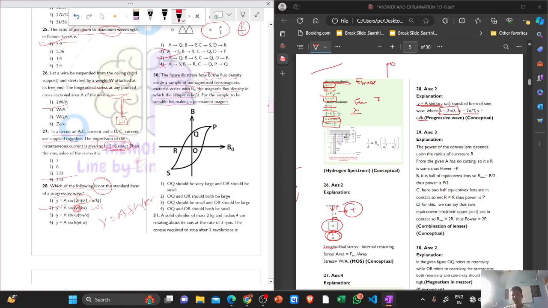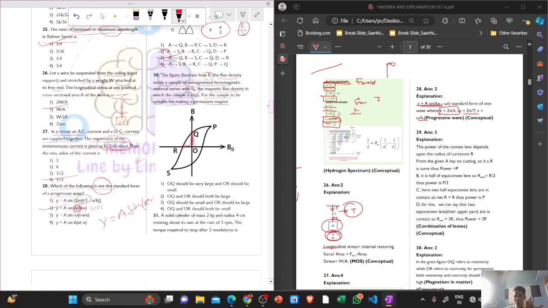Conceptually, to get a permanent magnet, your OQ is simply the retentivity, and OR is the loss, which you can represent as the coercivity.